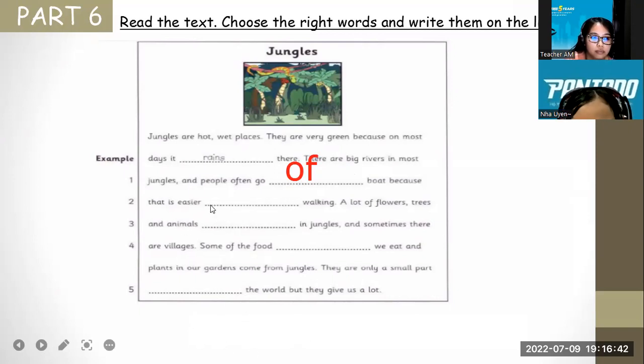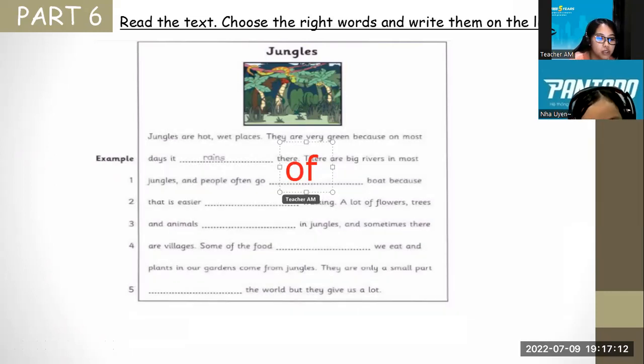I can't see the words under the picture. You cannot see the words? Below the picture, you cannot see the words. Yes. Ah, okay.